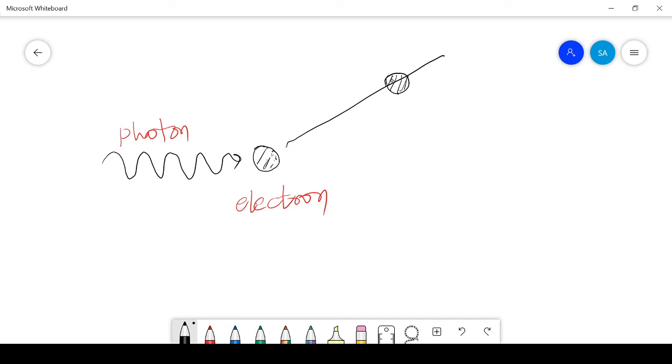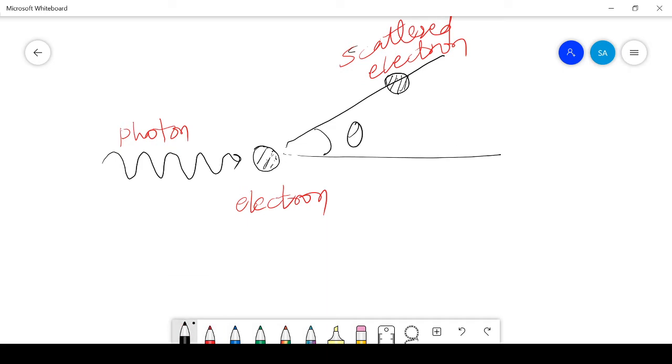This is your scattered electron, and it makes an angle theta with the direction of the incident photon.